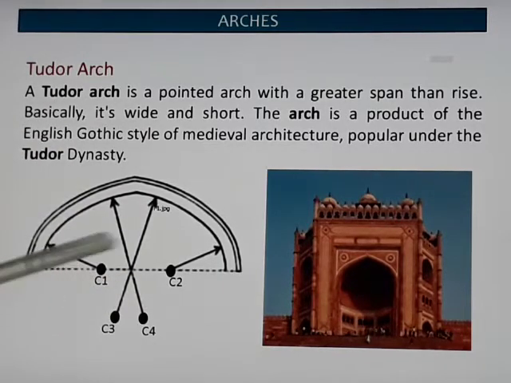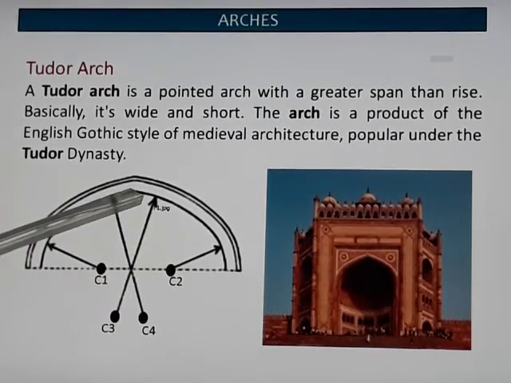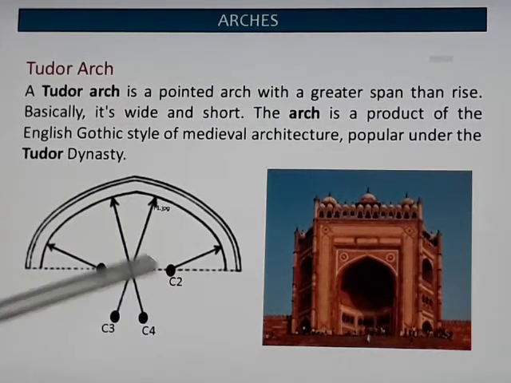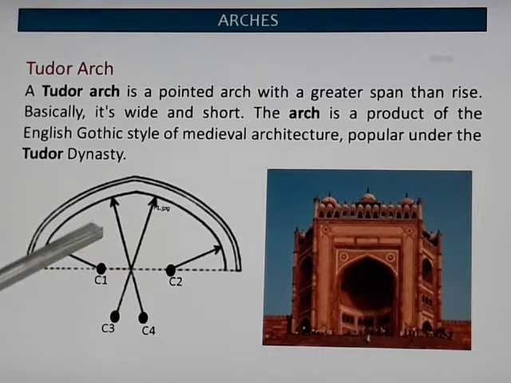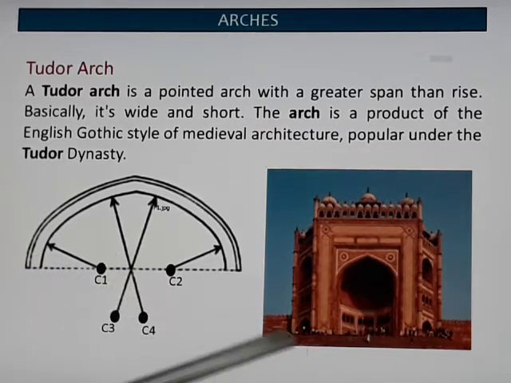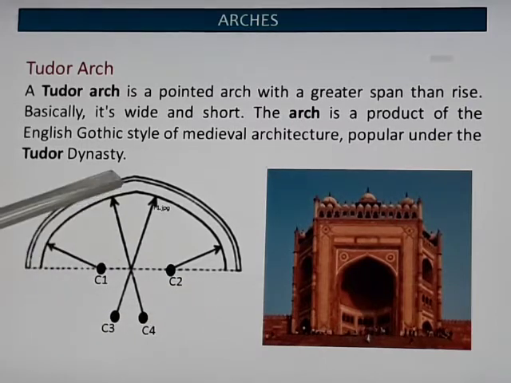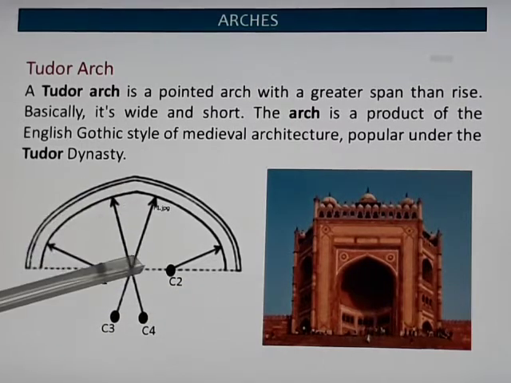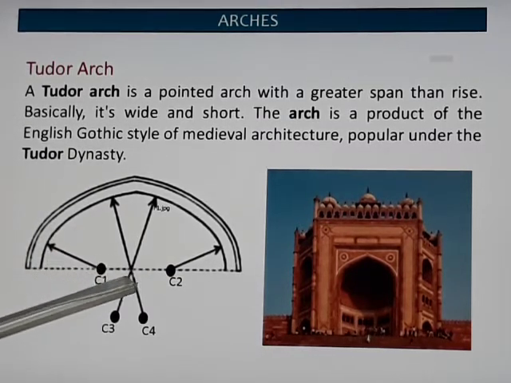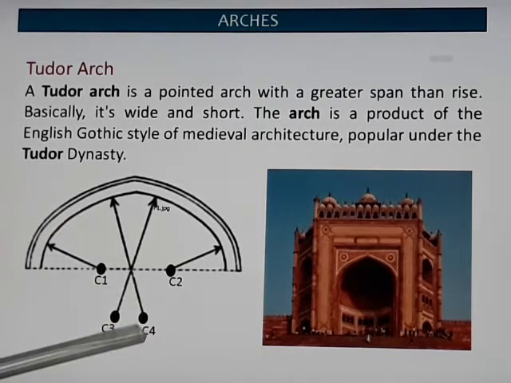Here we can see the span is more and the rise is less. Such arches were used for archways where the openings were larger but the height above was a bit low. So not a very high pointed arch as we studied earlier in the three-centered and two-centered arches.